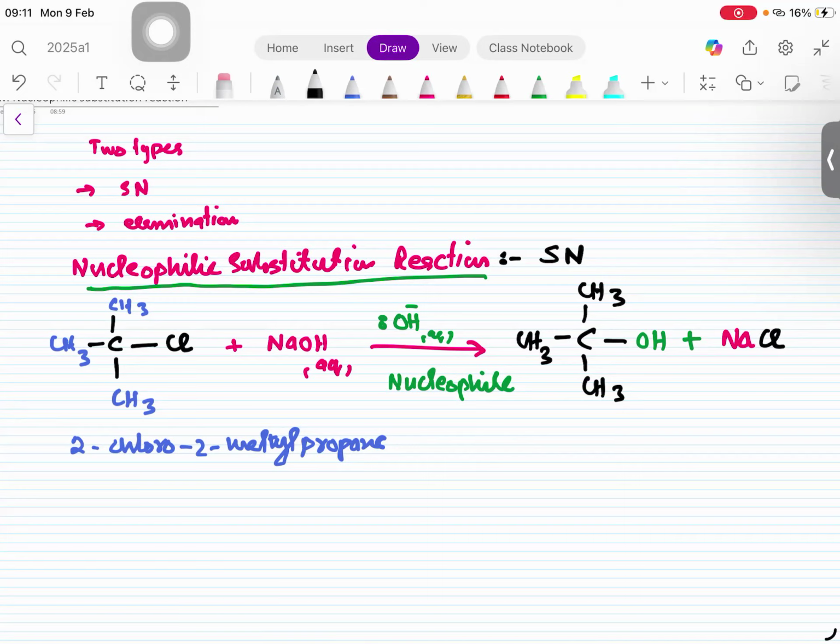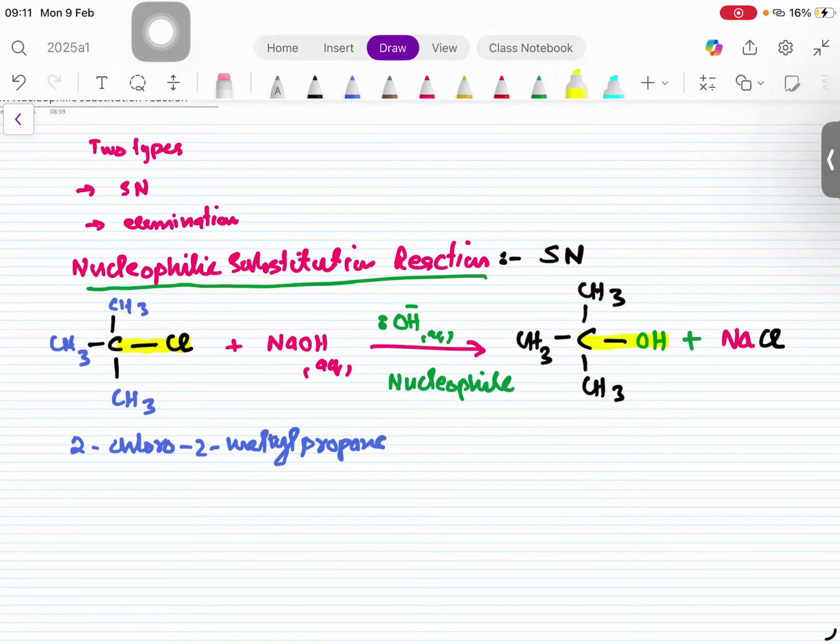I always tell you this: the reaction tells us what happened, and the mechanism tells us how it happened. In the reaction we can simply say there was C-Cl and now there is C-OH.